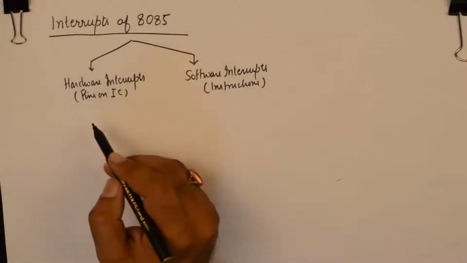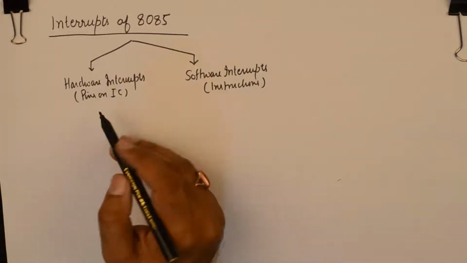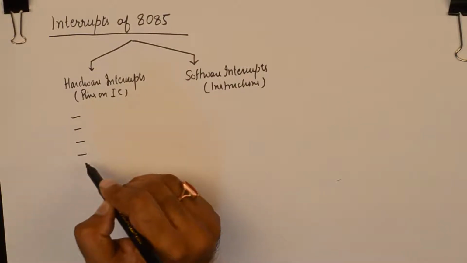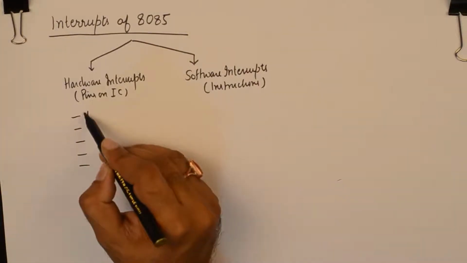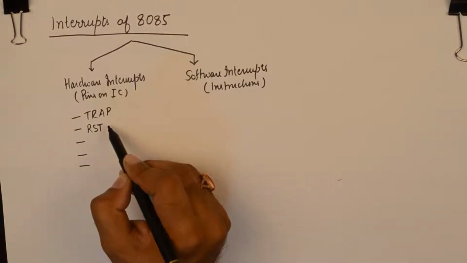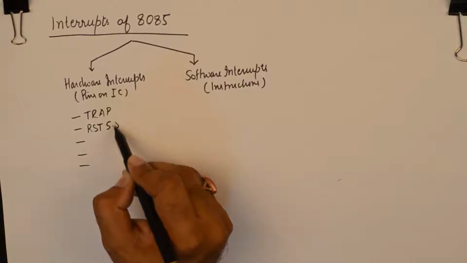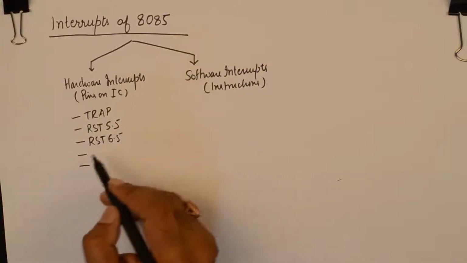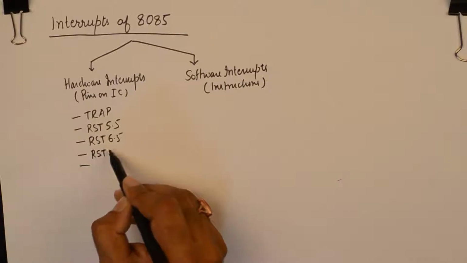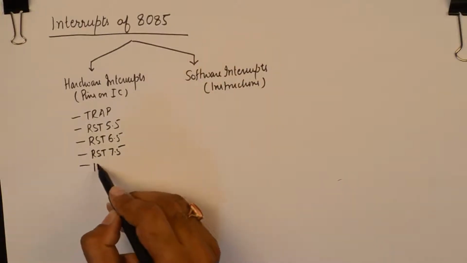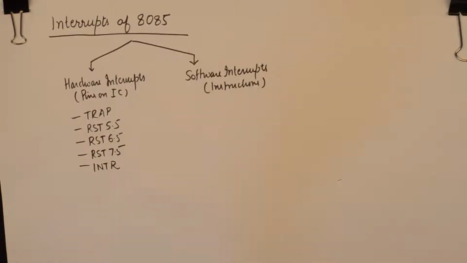Now there are 5 hardware interrupts in 8085, namely TRAP, RST 5.5, RST 6.5, RST 7.5 and INTR.